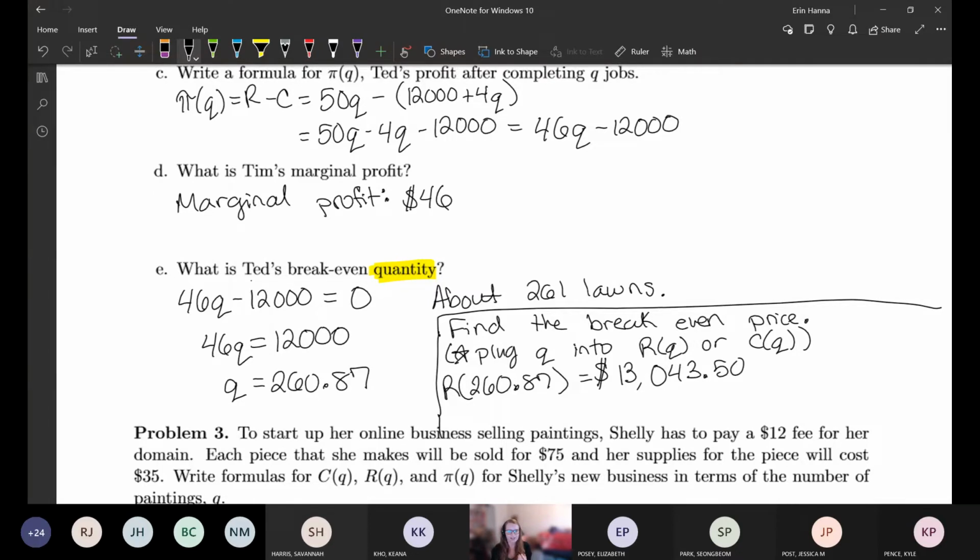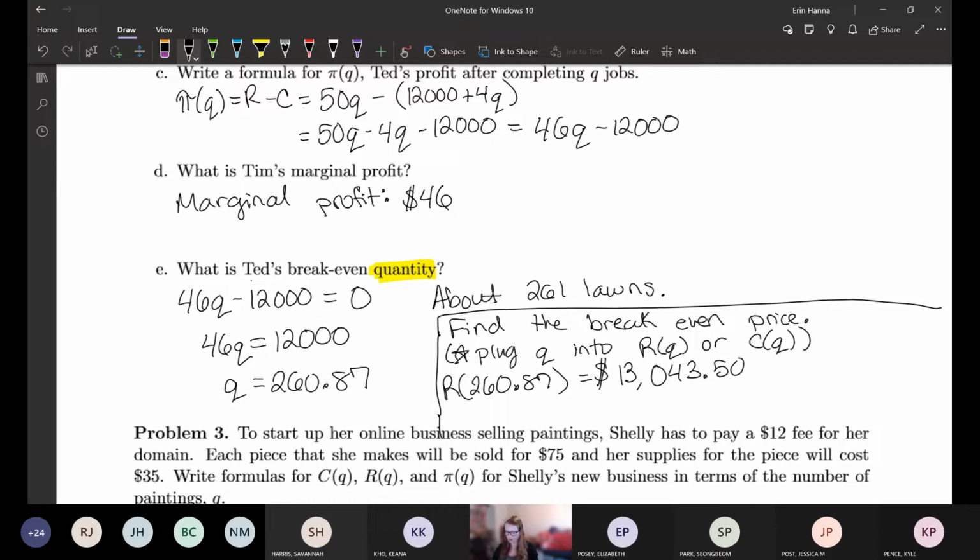Technically I said he was taking home $46 every job, but he's got this $12,000 bill hanging over his head from the equipment that he had to buy. So when he does 261 lawns, he will finally be able to start making actual profit and no longer have that cost bill hanging over his head. He'll be out of the red, if you will.